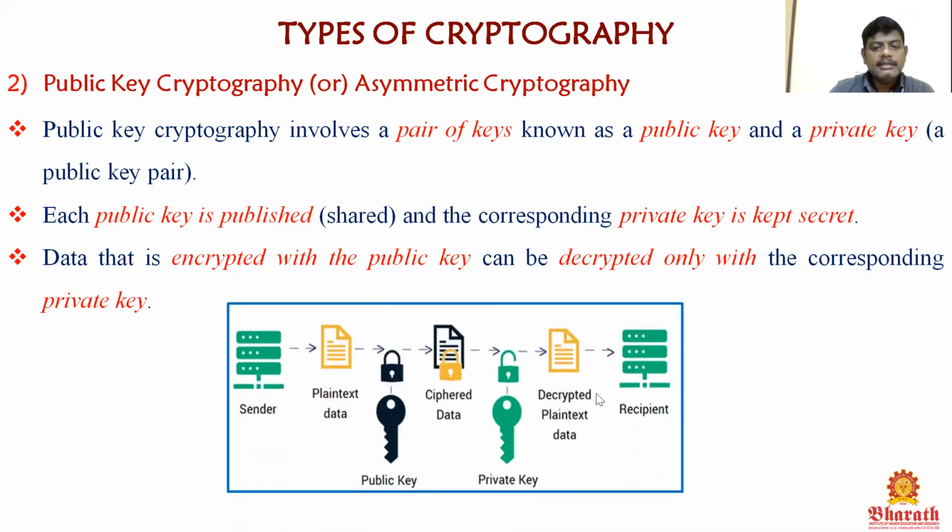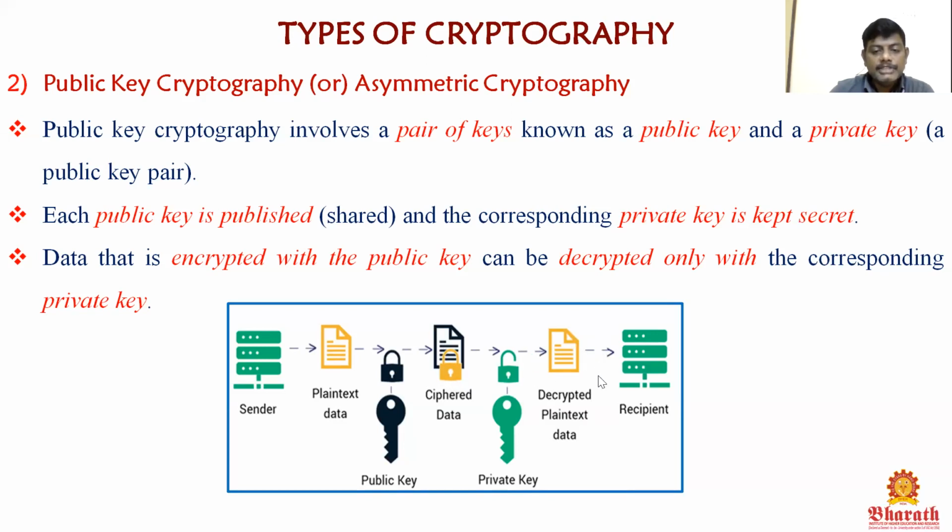You can see the graphical representation of public key cryptography. This is a sender, this is a receiver. The sender has to send a plain text, and with the help of the public key, this plain text will be encrypted. That cipher text is sent via the communication channel.